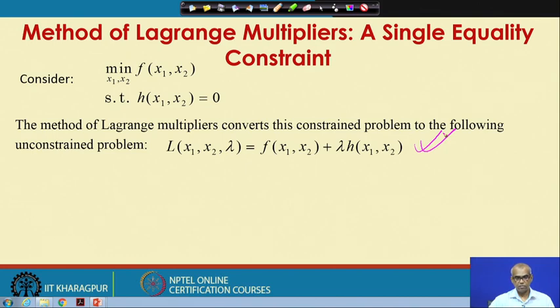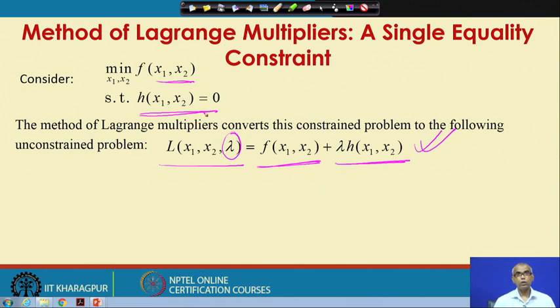So you get the unconstrained function L, which is a function of the decision variables x 1 and x 2 and the Lagrange multiplier, and L is obtained as the objective function plus the Lagrange multiplier multiplied by the constraint h. I have a single constraint, so I have a single Lagrange multiplier.